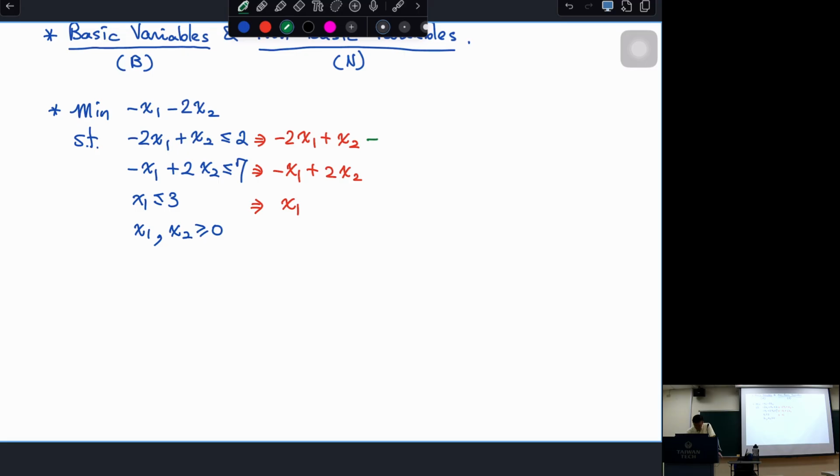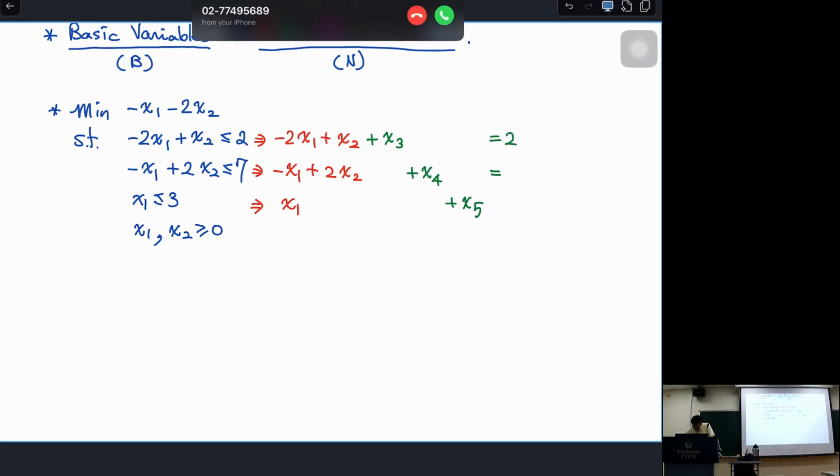Here I am adding x3, here adding x4, here adding x5, and making them equal to 7 and 3.